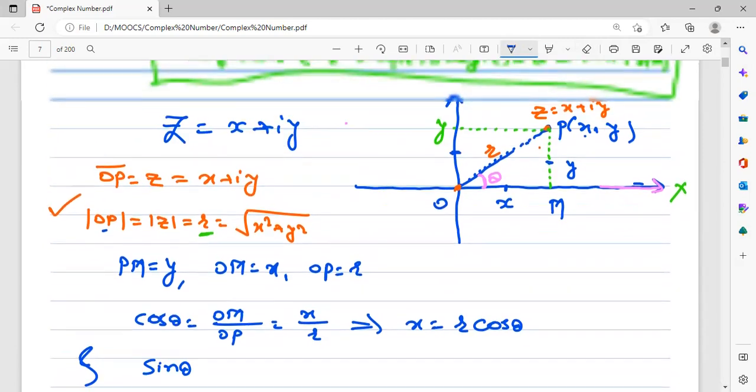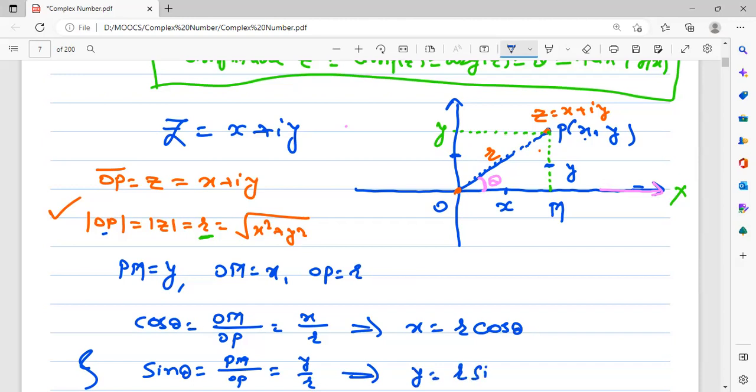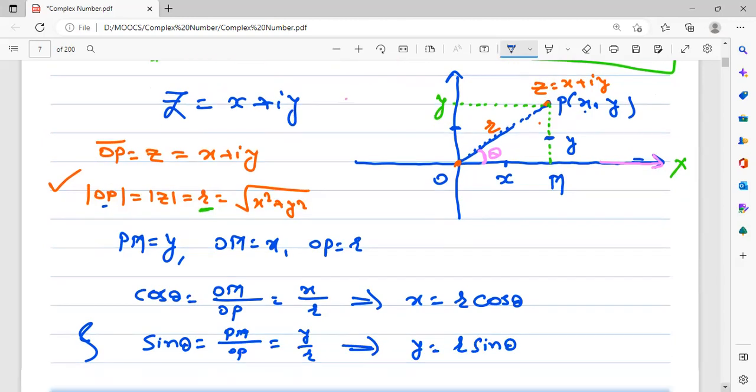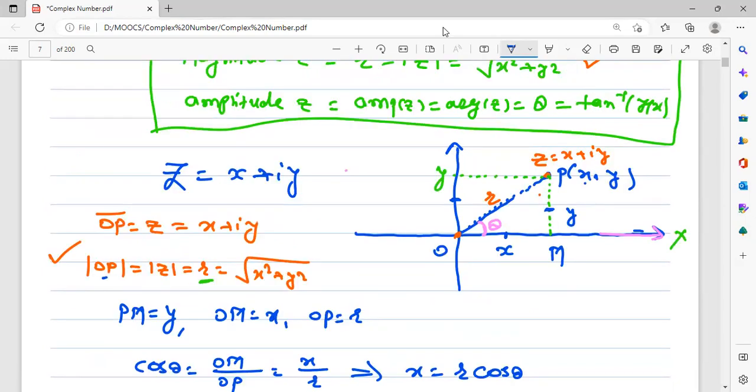Sine theta is PM divided by OP, that is y divided by r, so y is equal to r sine theta. This means this complex number x plus iy corresponds to a point P with coordinates x and y.